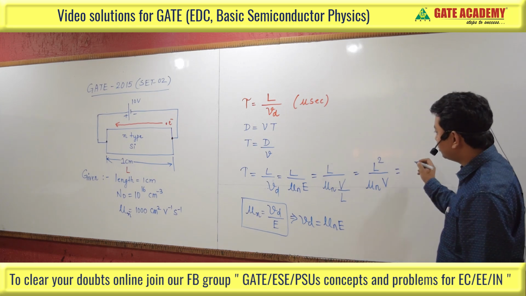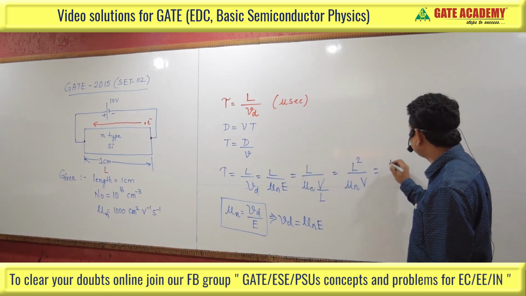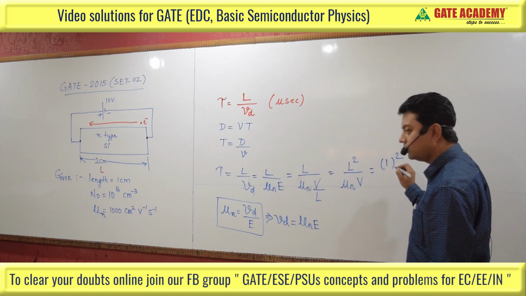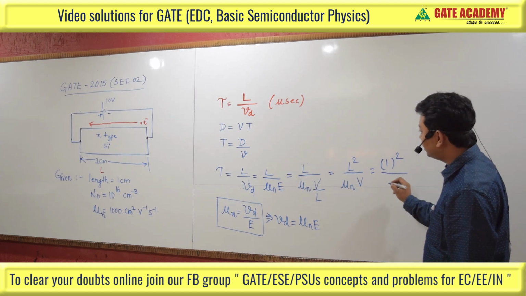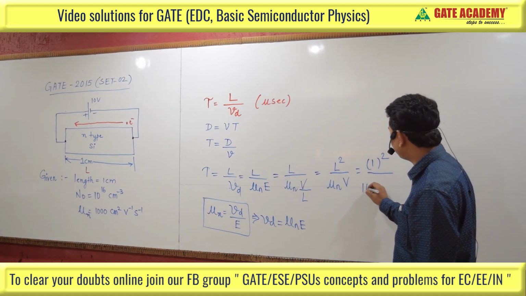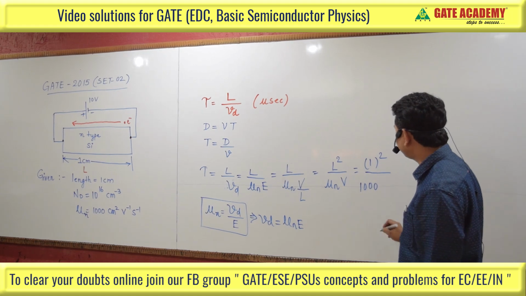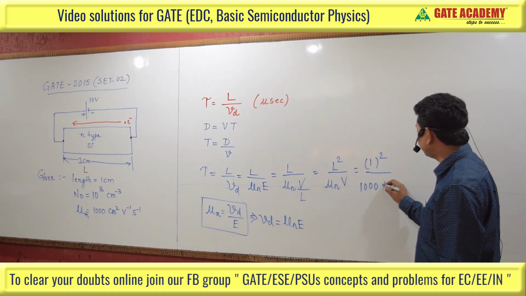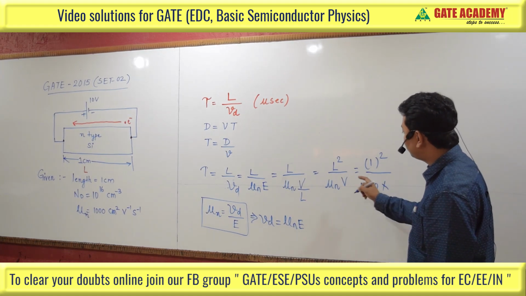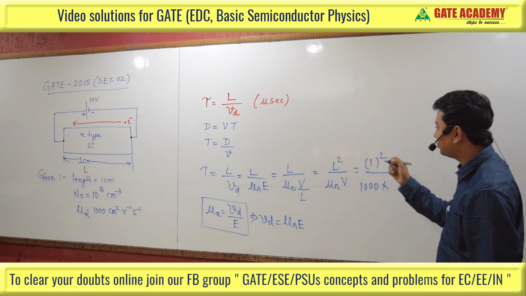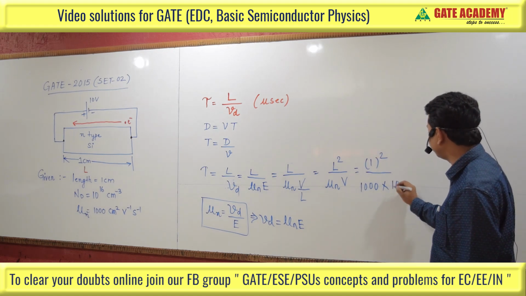The length of the semiconductor is given, that is 1 centimeter, the square of this 1 centimeter, and the mobility given here is 1000 centimeter square per volt second, and the voltage that has been applied here is 10 volt.